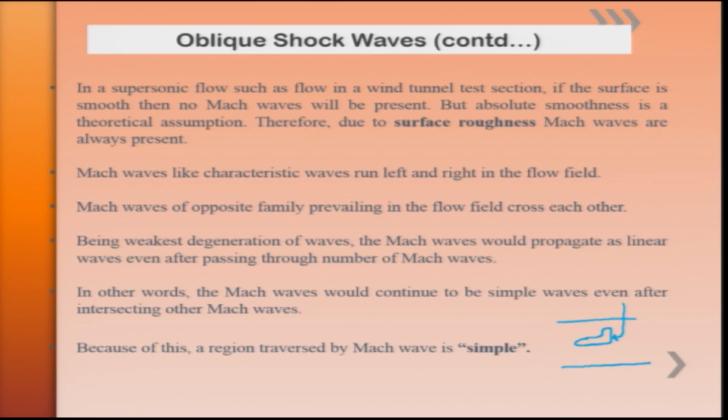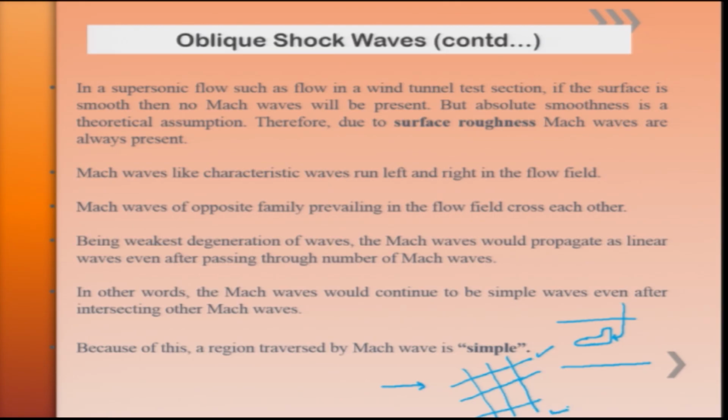About the Mach waves, we should also understand that in a two-dimensional representation, a set of Mach waves intersects another set of Mach waves. These Mach waves are categorized as left running and right running. Assuming we are moving along the flow direction, the left running Mach waves are these, whereas the right running Mach waves coming right here are these.